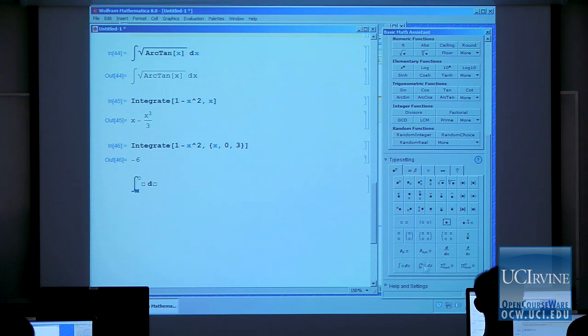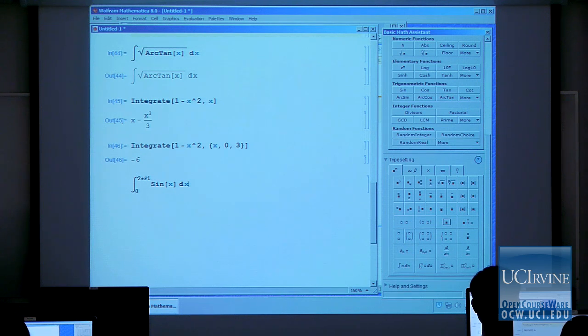We grab the definite integral here. Now we have some limits. So suppose I want to integrate sine between 0 and 2 pi. What should I get? That's a complete cycle.